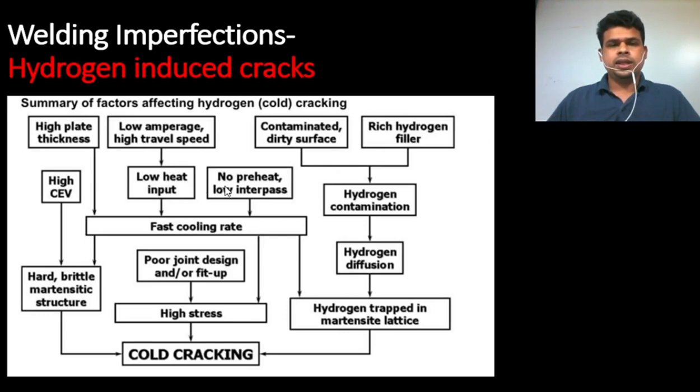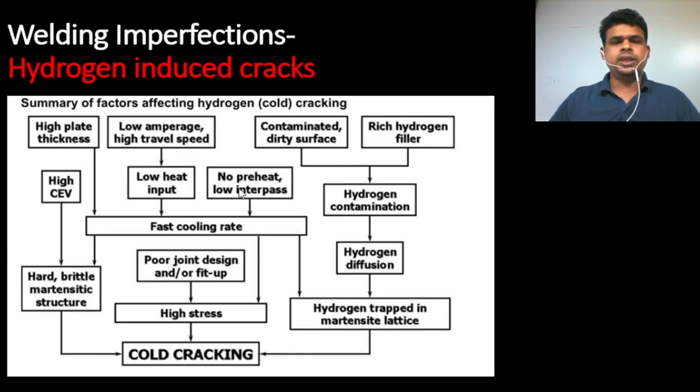Another thing you can see from here: contamination, dirty surface, and hydrogen-rich filler. If the filler rod has more hydrogen, then there can be hydrogen contamination. If hydrogen contamination, then there can be hydrogen diffusion. With hydrogen diffusion, hydrogen gets trapped in the martensitic lattice, which can also cause cold cracking.